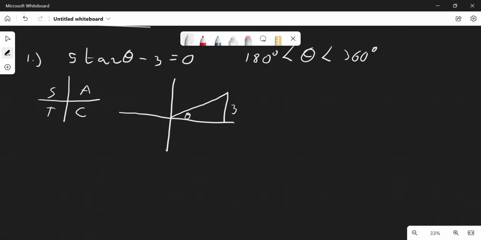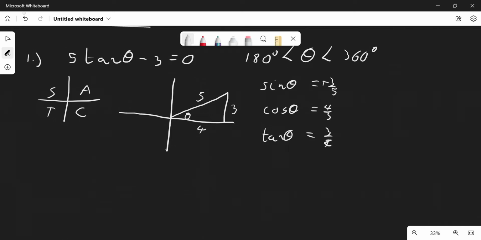Let's say this is 3, this is 4, this is 5. Here sine theta is 3 over 5, which is positive, cos theta is 4 over 5, and tan is 3 over 4.